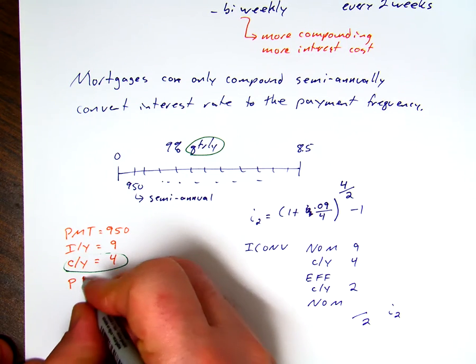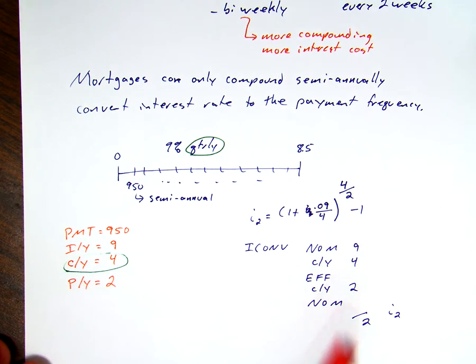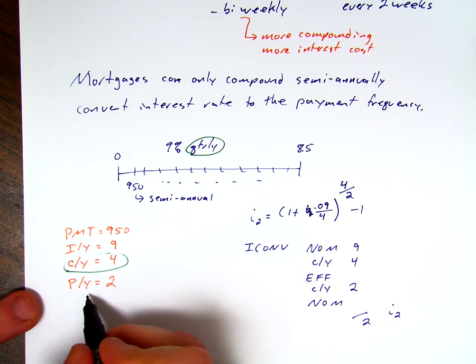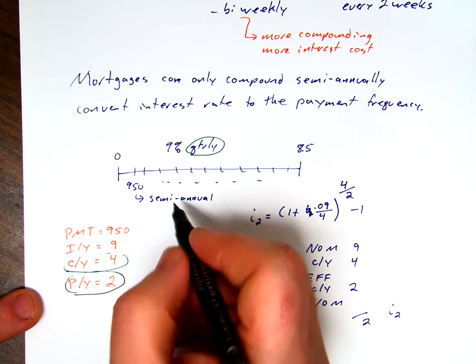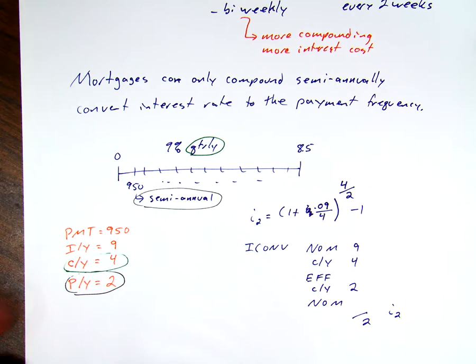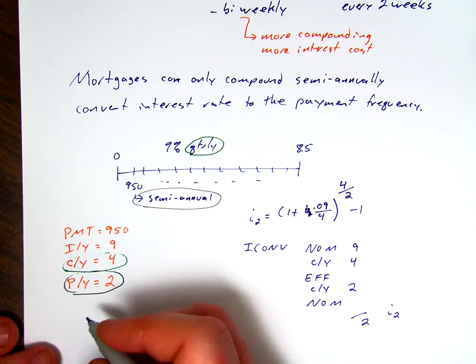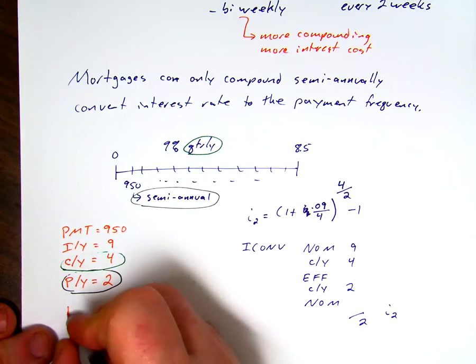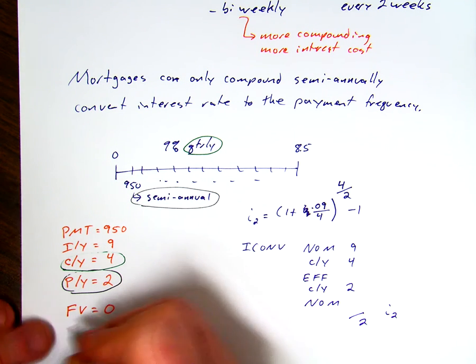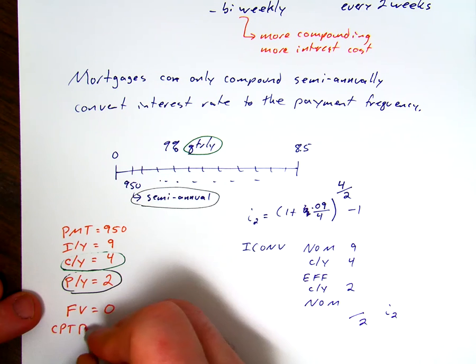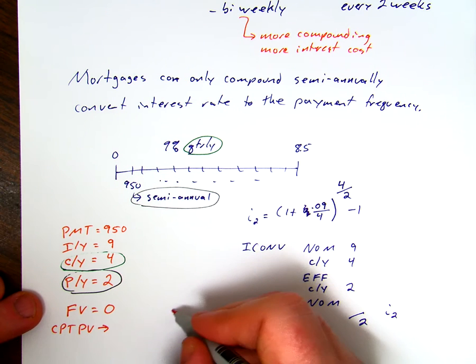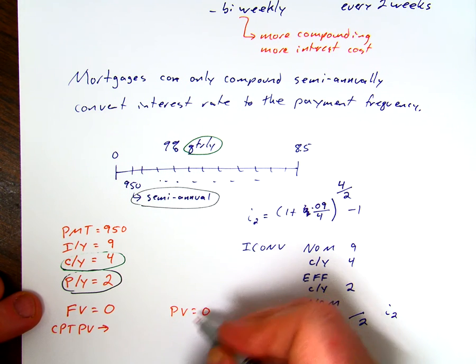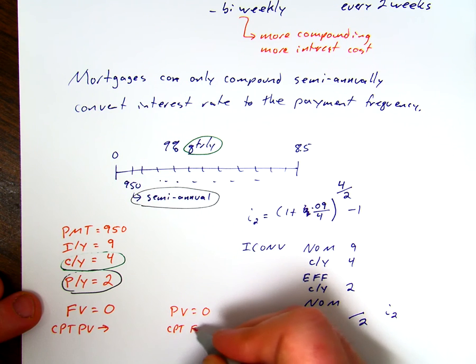We have payments per year, which was 2, and this relates to the semi-annual payments. Then we have 2 problems. If the future value is 0, we compute the present value, or if the present value is 0, we compute the future value.